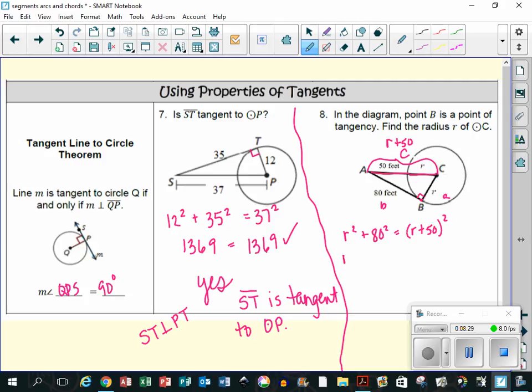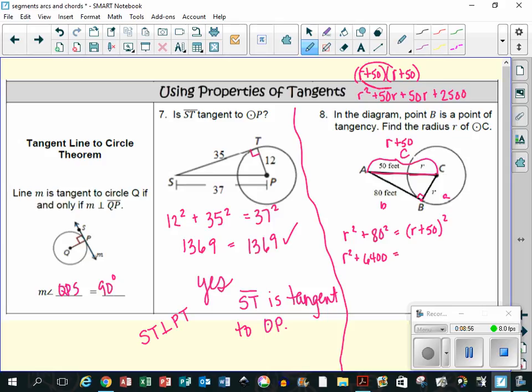So we've got R squared plus 6,400 equals, so now remember R plus 50 squared. R plus 50 means this. So we got to do R squared plus 50R plus 50R plus 2,500.